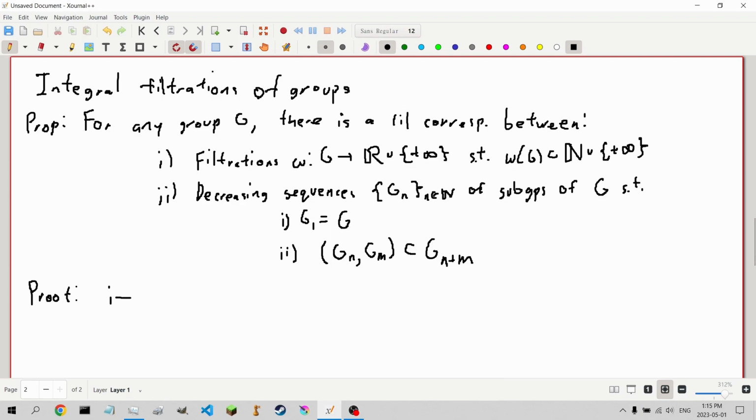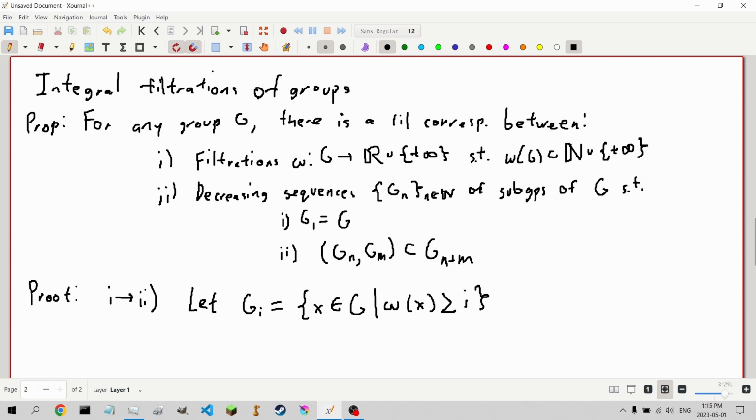Okay, so if we have the first one, we can construct the second one. It just says it is clear. I think the idea is that you let Gi be equal to the elements of our group such that their image under our integral filtration is at least i.